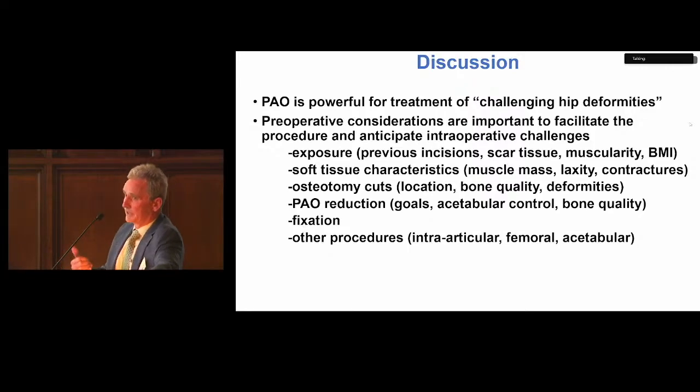Think about your reduction and specifically how you're going to do that and whether or not you need a little extra instrumentation to do that. Think about your fixation, obviously, and then other procedures, anticipate ahead of time so you're prepared to do those if needed. Thanks for your attention.